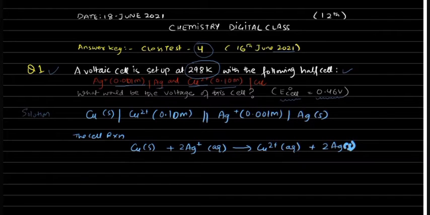If you see here what will happen, copper will convert into Cu2+ by losing 2 electrons. Let me correct it.